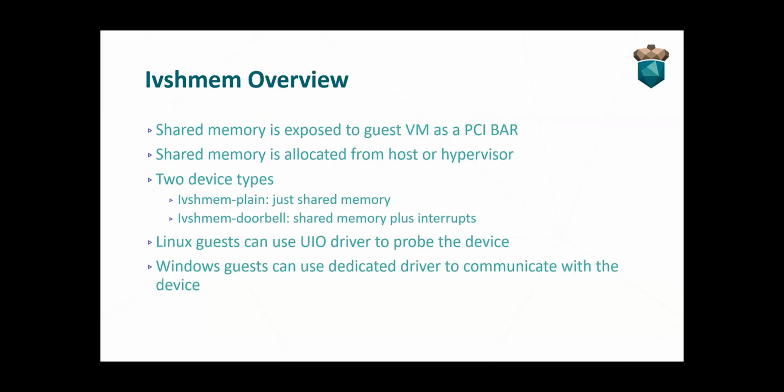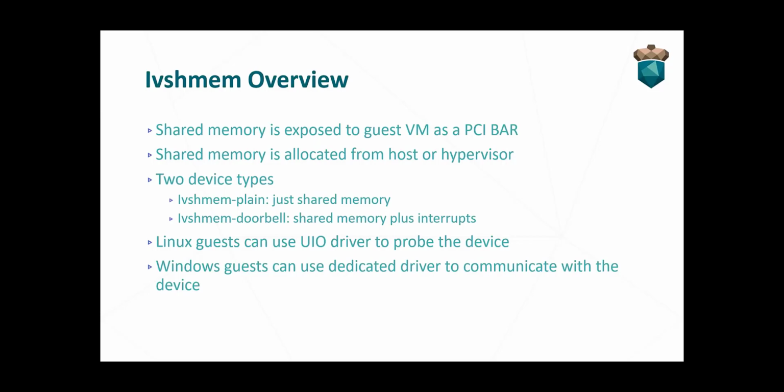This is the overview of the IVSHMEM spec. The IVSHMEM spec is defined by the open source community, and the IVSHMEM device is emulated as a PCI device, and the shared memory is exposed to the guest VM as a PCI BAR.